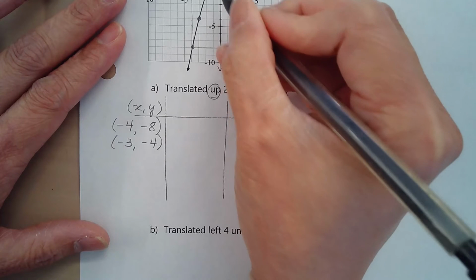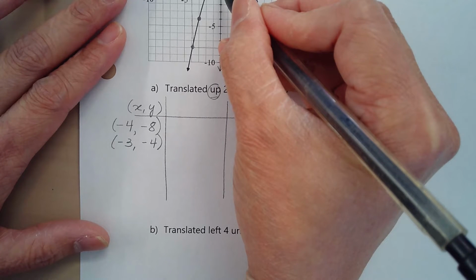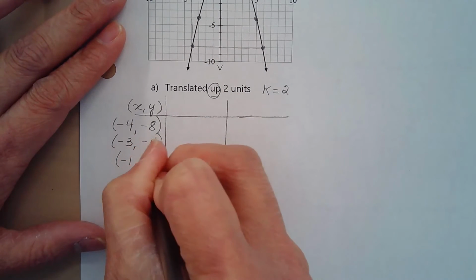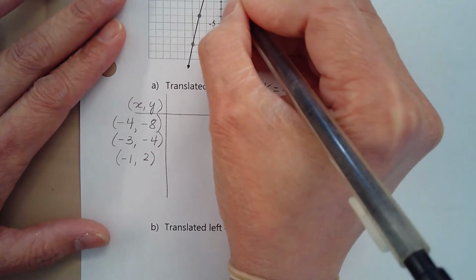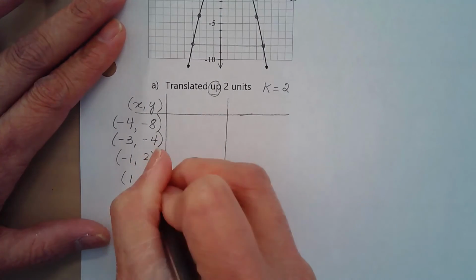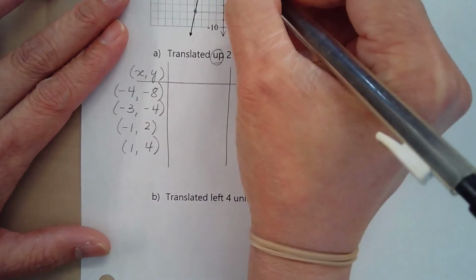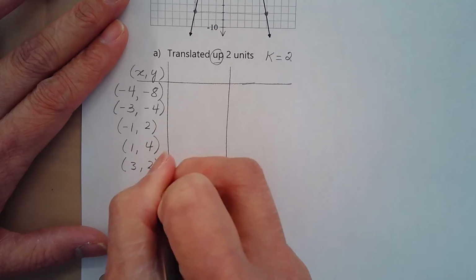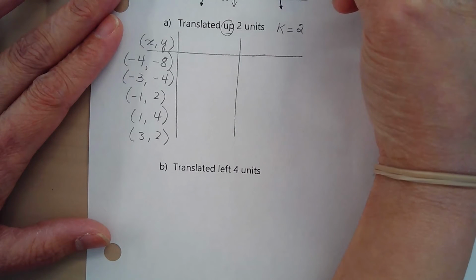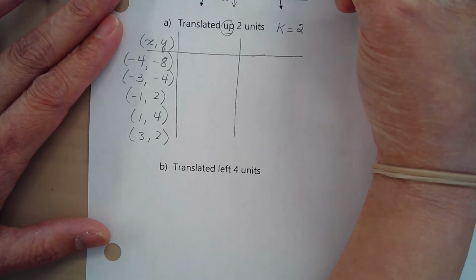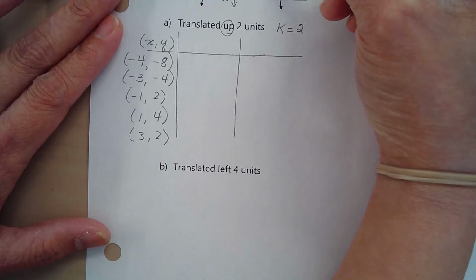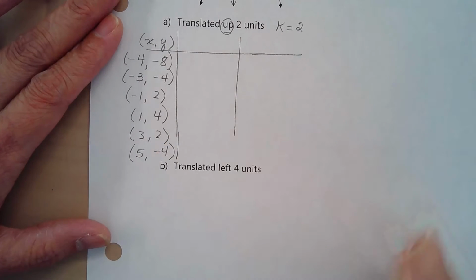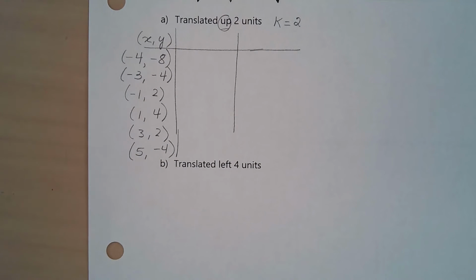The next one is -1 and 2. The next one is 1 and 4. Next one is 3 and 2. Okay, I'm gonna run out of room, so I'll just go here. The next one would be 5 and -4. We got a lot, but that's okay.